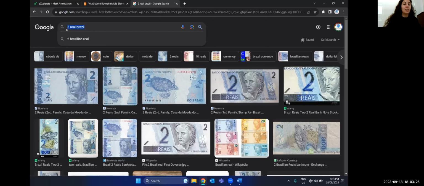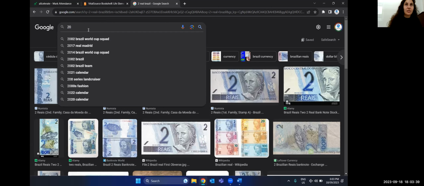So make sure you can Google, look up a little bit of history, why one side has something and the other side has something. Jose, which one? How much? 20,000 pesos?